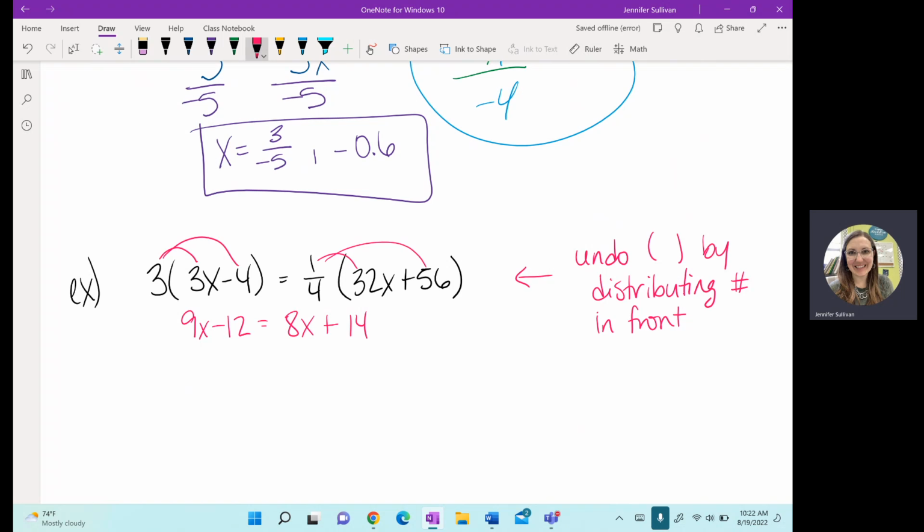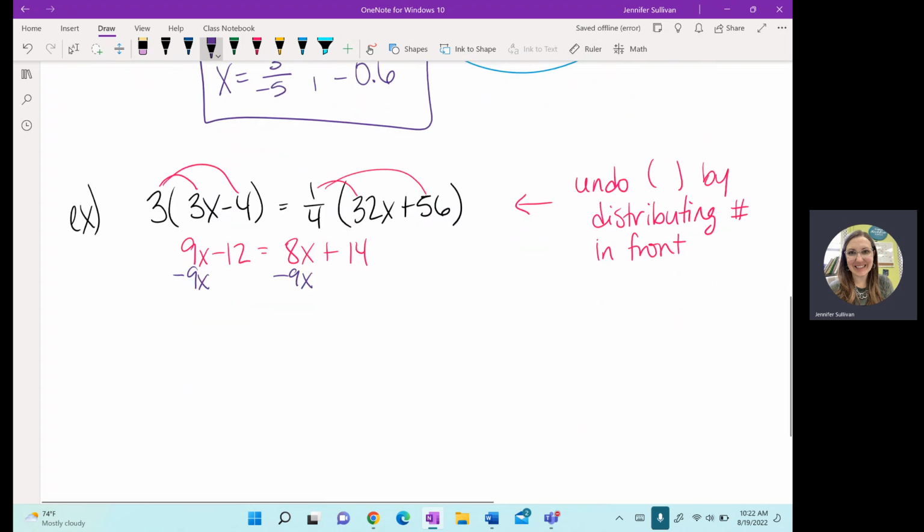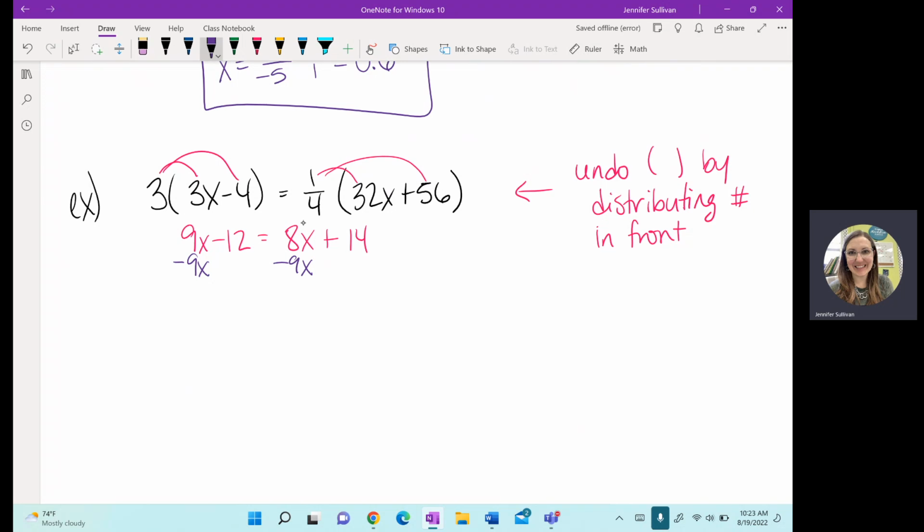Now, in this case, we have variables on both sides and numbers on both sides. So it does not matter which direction you go. If you want to subtract the 9x over, that is just fine. Go for it. And we're going to do it this way because I want to point something out. But if you wanted to subtract the 8x over to the other side, that would be fine as well.